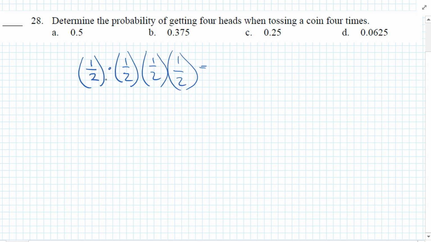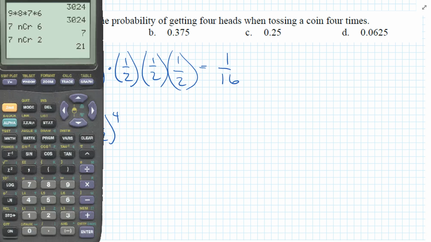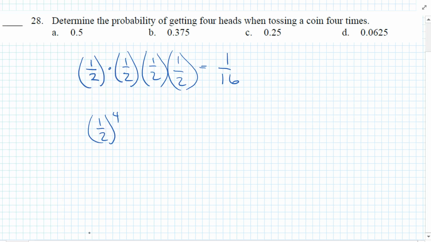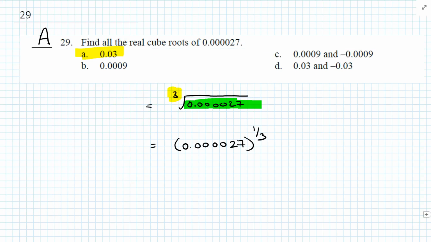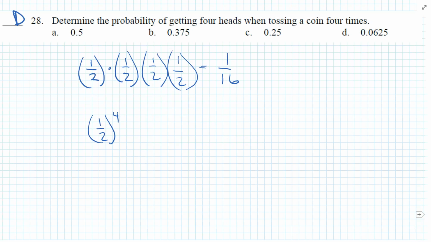So that would be 2, 4, 8, 16, 1/16. Or you could do 1/2 to the 4th power. Let's get the handy dandy calculator out. 0.5 to the 4th power. 0.0625. Answer is D. Alright, that concludes the first part of the Algebra 1 review.